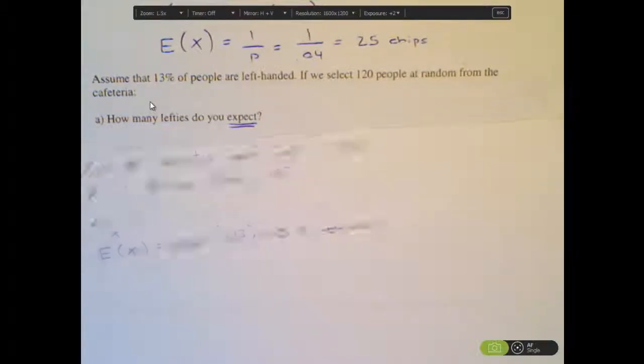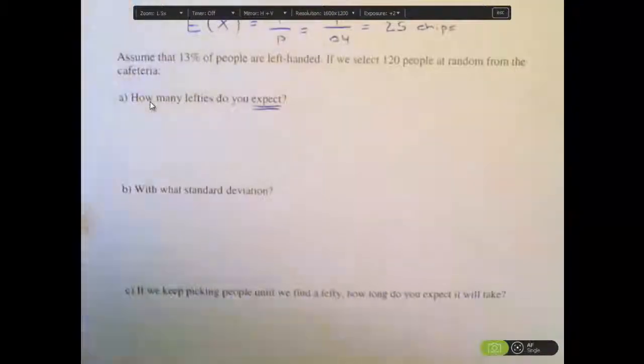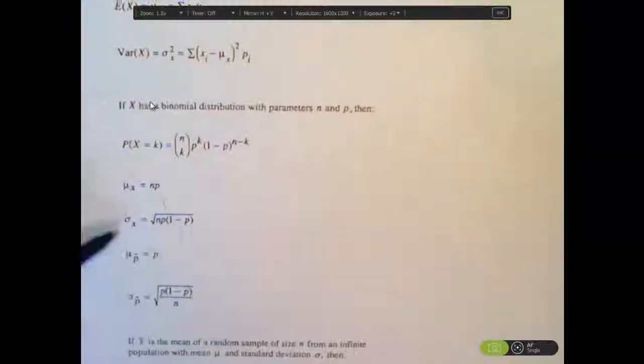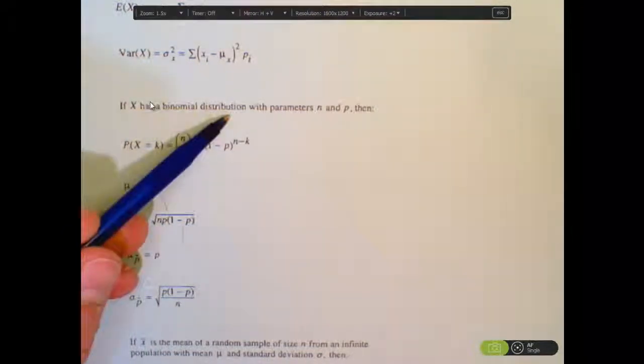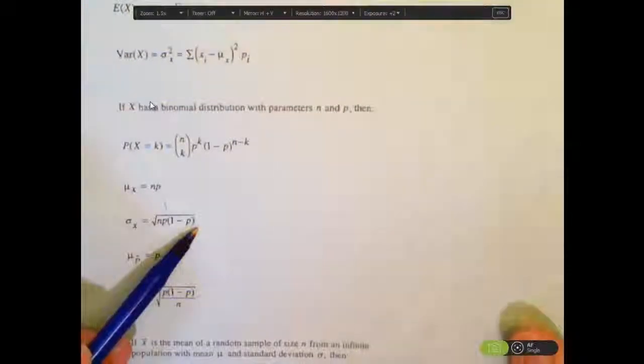Okay, part B, I want to now know the standard deviation. Well, take a look at the formula sheet again. Here we go. Standard deviation, binomial distribution. Square root of np times 1 minus p. So that formula is there for us.